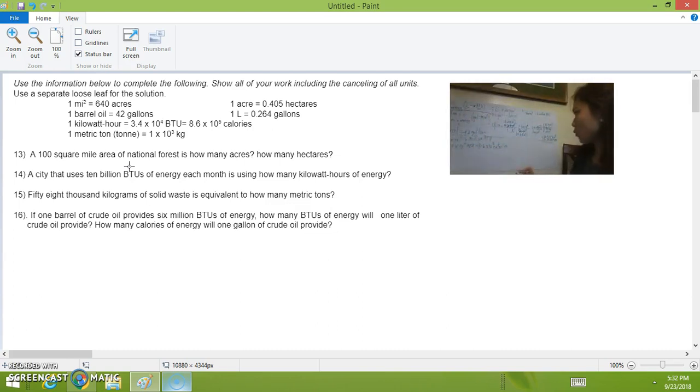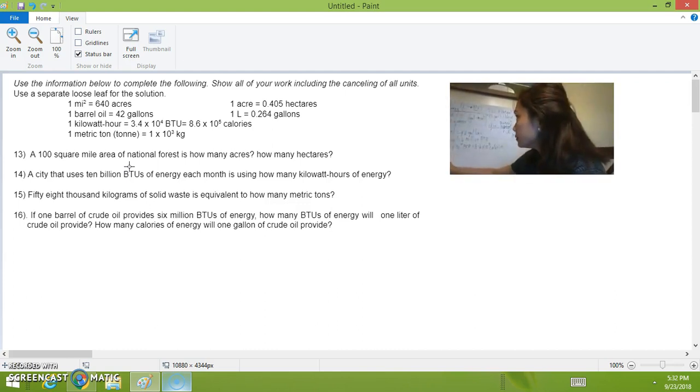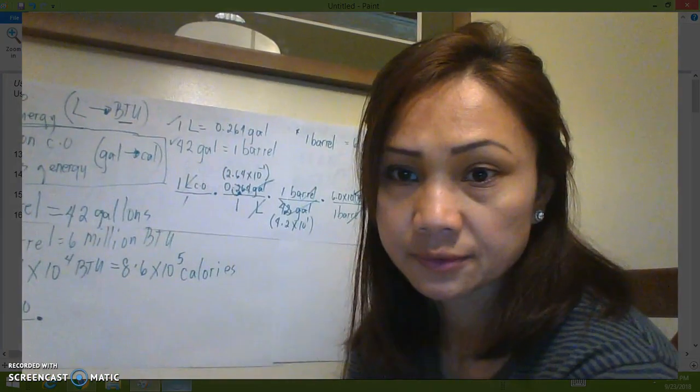We are going to begin with the given, which is 1 gallon of crude oil, over 1 in this case, because it's the given.